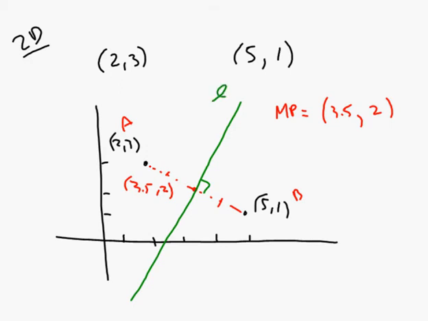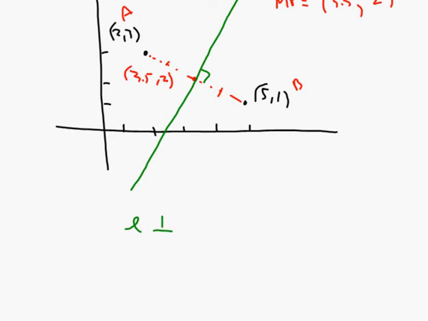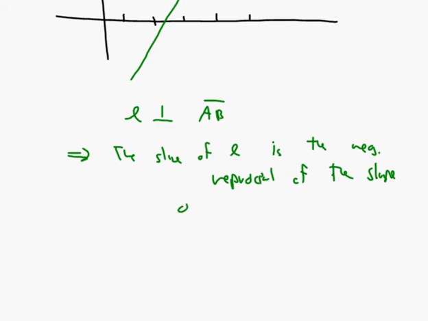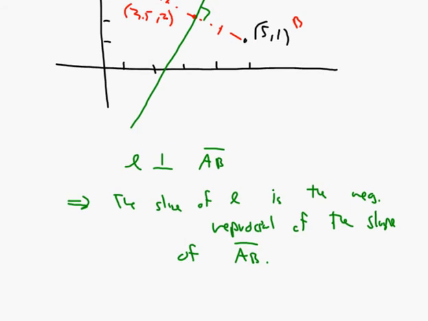So I'll call this line L. Line L is perpendicular to line segment AB, well, that means that the slope of L is the negative reciprocal of the slope of AB. That's what we know. Okay?